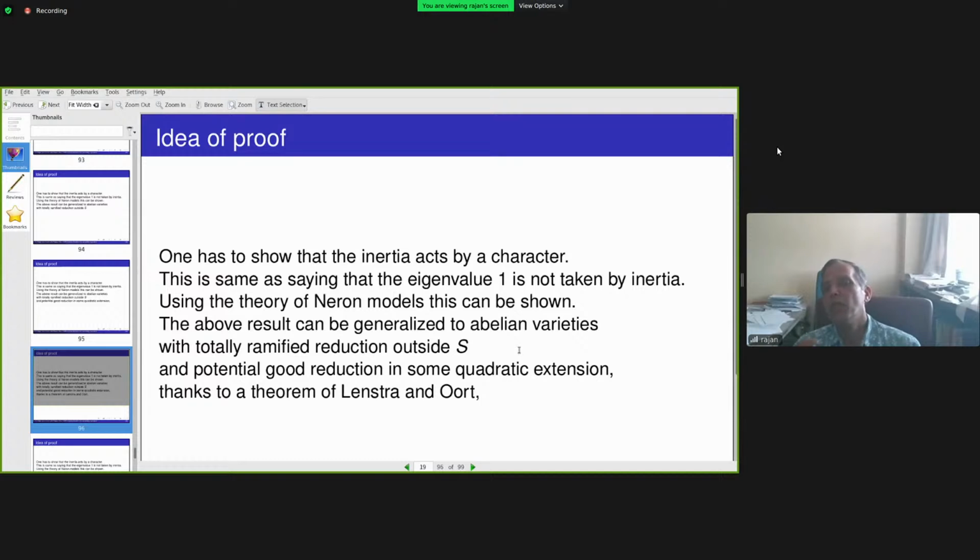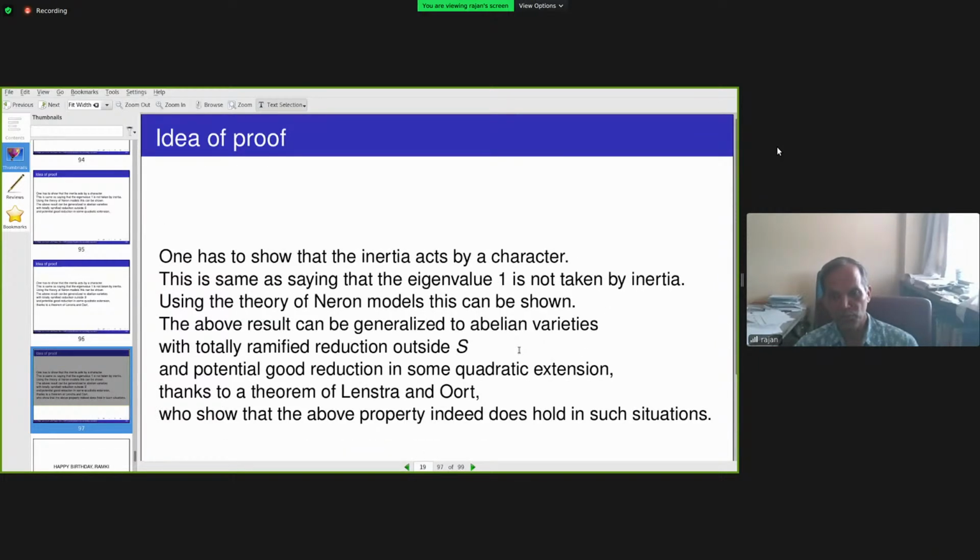For the generalization to abelian varieties, one makes use of a theorem of Lenstra and Oort, who prove that the above property, that the eigenvalue 1 is not taken by inertia, holds. They use the monodromy pairing used by Grothendieck and other things to prove the theorem.